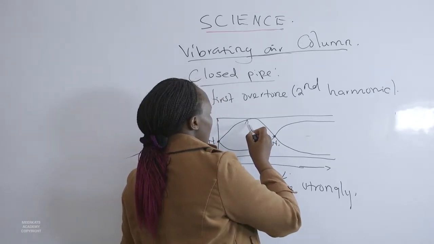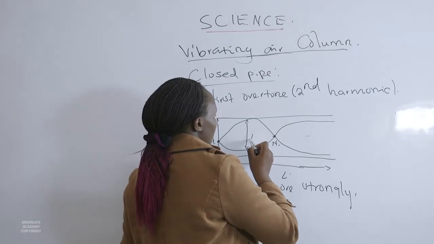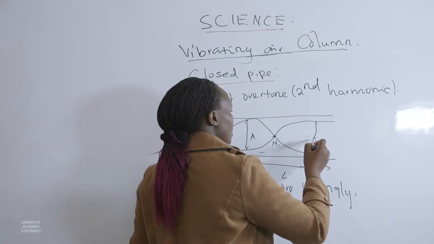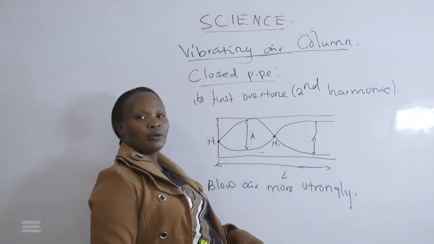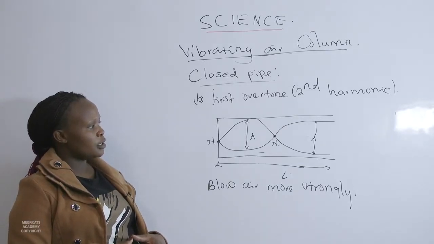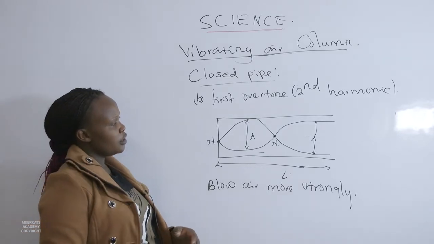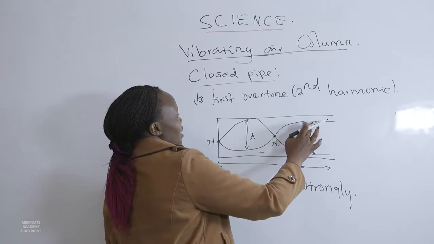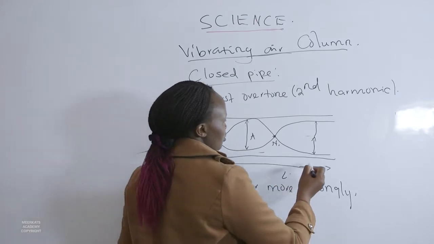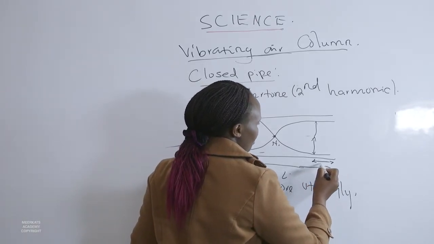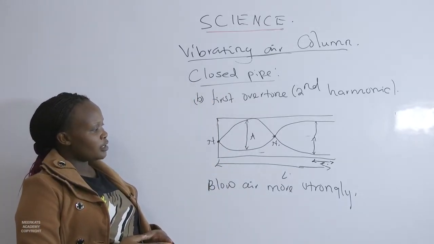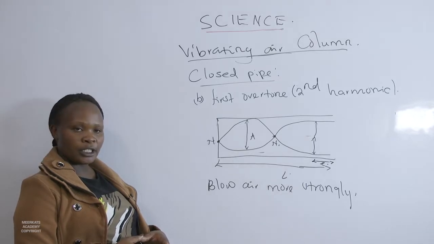Then you have a point of maximum displacement. We call it an antinode. Then we have another antinode, which is a point of equally maximum displacement. Now, we have to appreciate that we achieved an antinode before getting to the end of the pipe, and that way we introduce some end correction at that particular point.